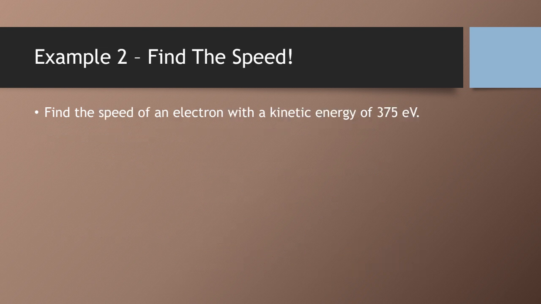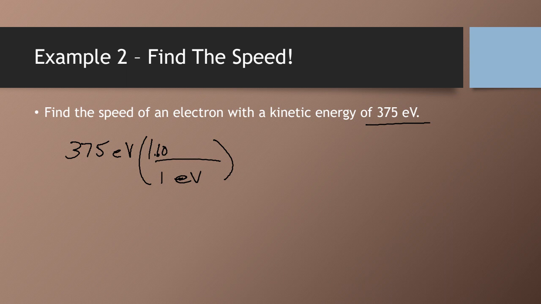So let's say we want to find the speed of an electron with a kinetic energy of 375 electron volts. Well, we can just convert that to joules. 375 electron volts times 1.6 times 10 to the minus 19 joules per electron volt.